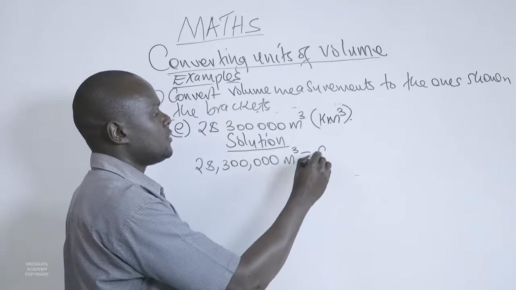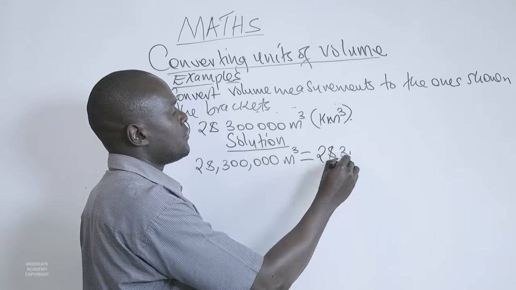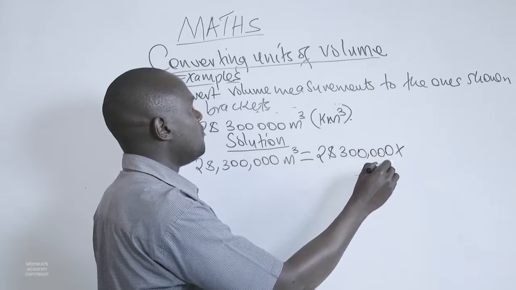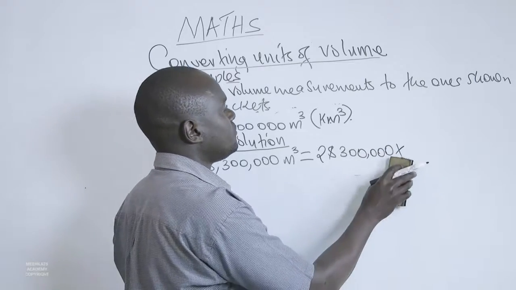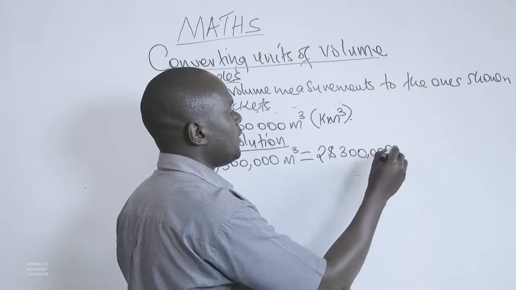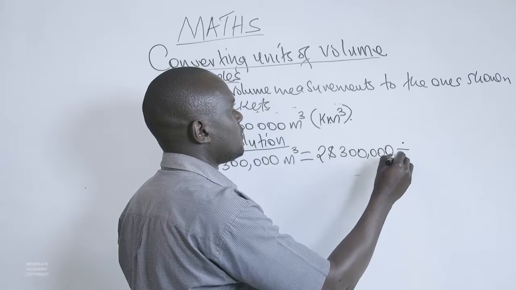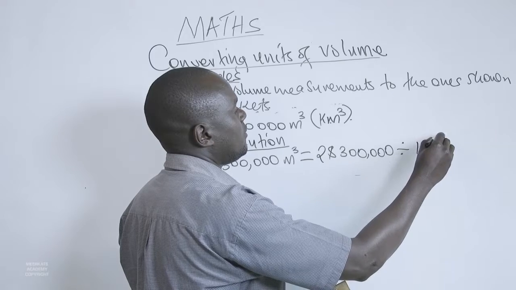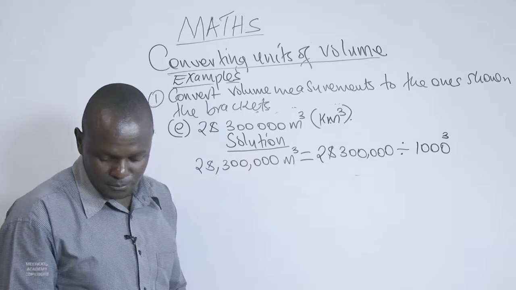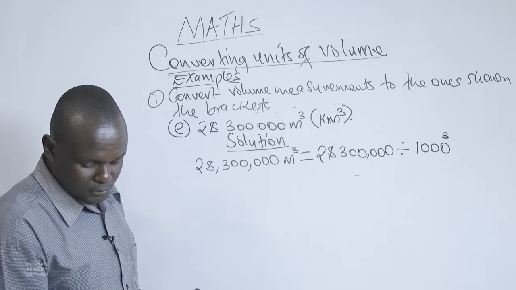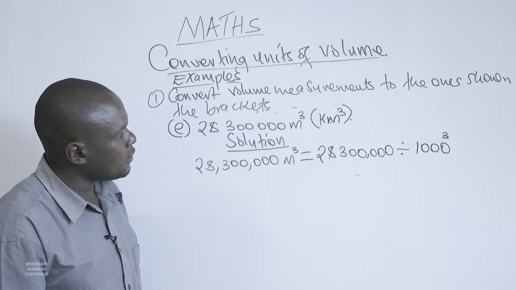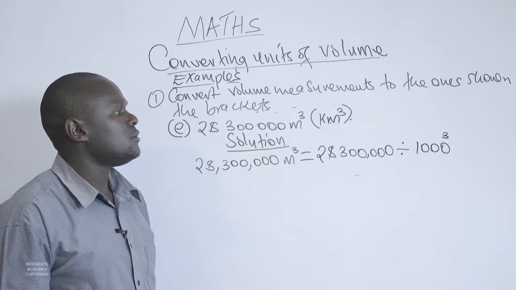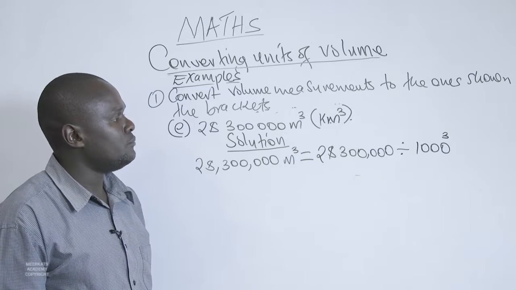This will be 28,300,000 divided by 1,000 raised to power 3, and 1,000 raised to power 3 is equivalent to 1 billion.